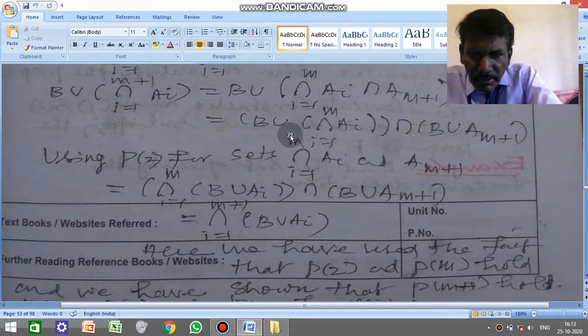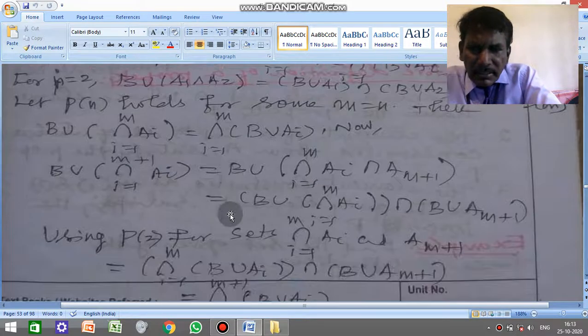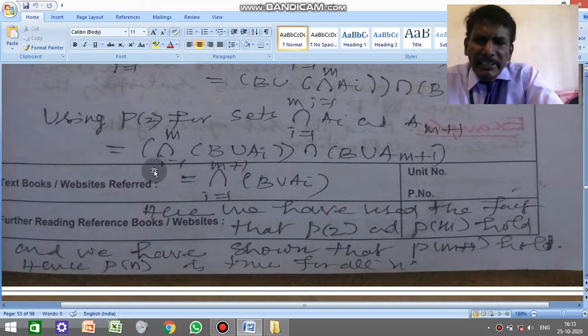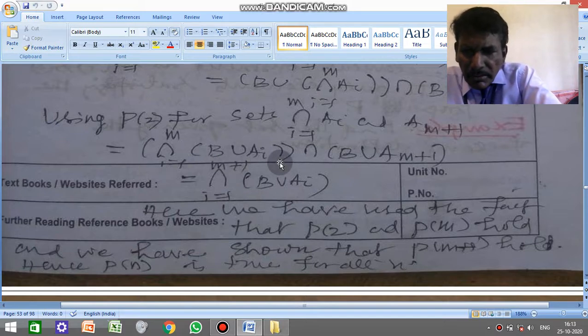For this step only we are using this idea. For P of 2 it is true, and we assumed that for n it is true. Therefore we assume that for m also it is true. So we are bringing that intersection outside. We have B union Ai, B union Ai, that's what we have there.